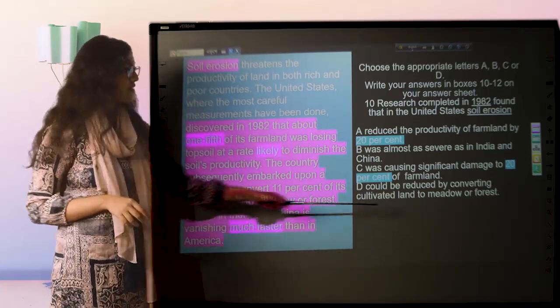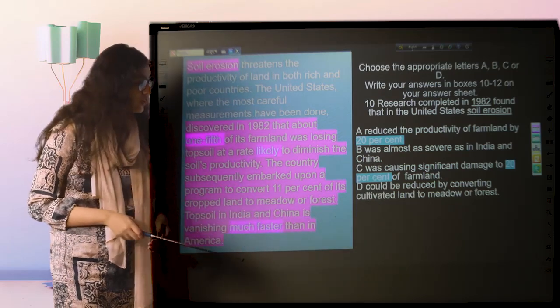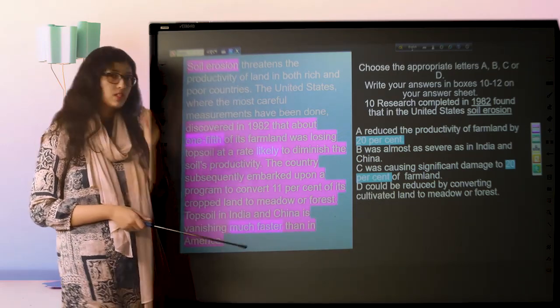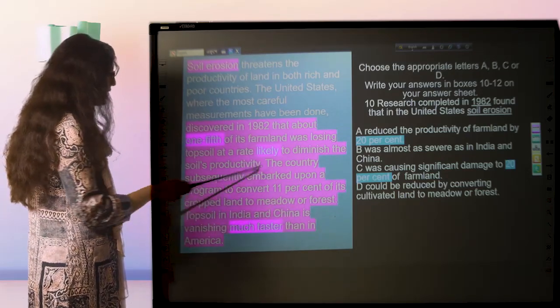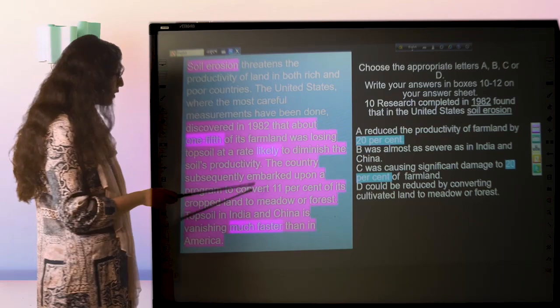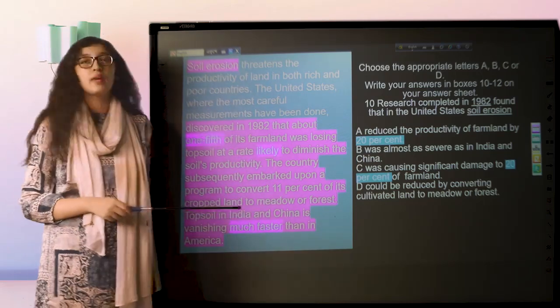All right. So D says that the soil erosion in the United States could be reduced by converting cultivated land to meadow or forest. There is a line about meadow and forest over here, which says that the country subsequently embarked upon a program to convert 11% of its croplands to meadow or forest.